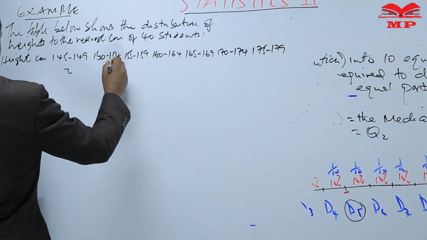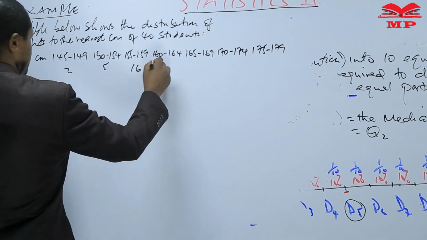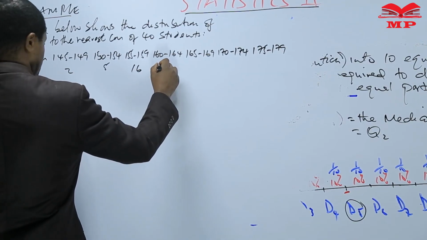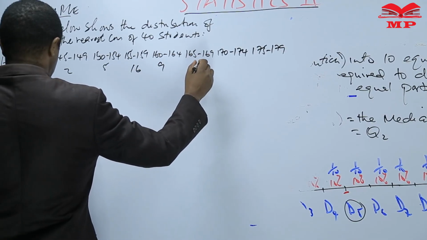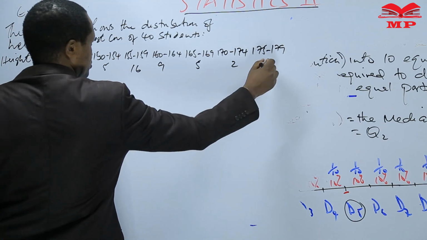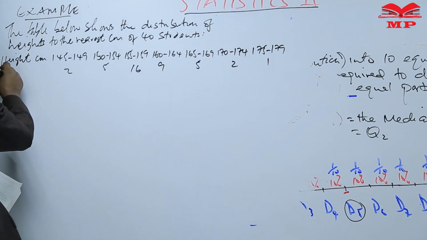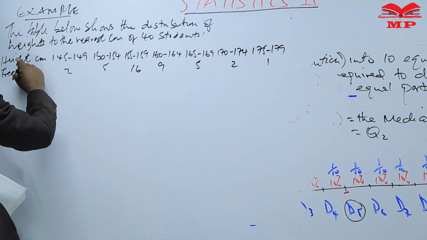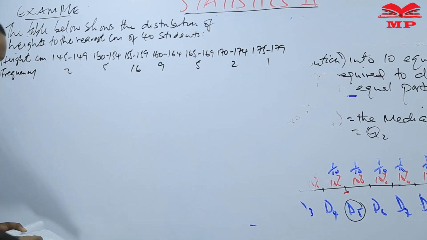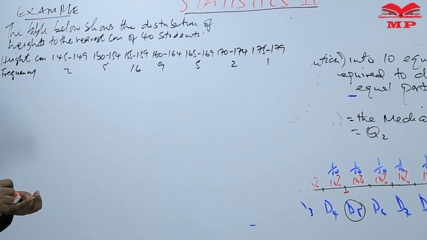The frequencies are 2, 5, 16, 9, 5, 2, 1. This is frequency. These are the number of students.